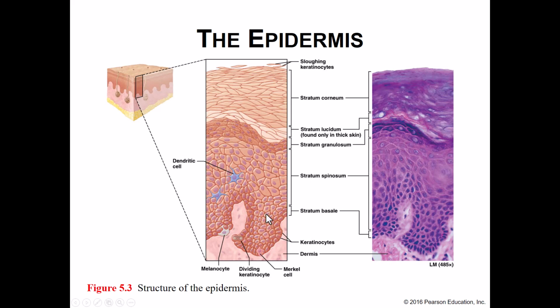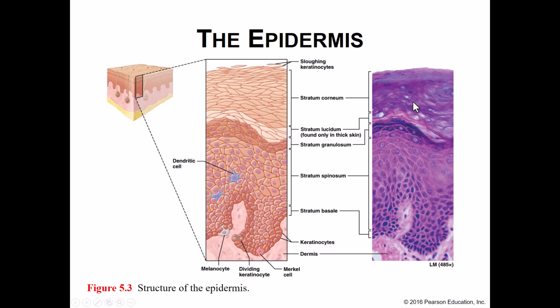You can see that as the cells move away from the stratum basale, they get, as I pointed out earlier, kind of fragmented. The nuclei start to degrade. You can look over here on the photomicrograph. Here are these dark blue spots. You can see how healthy these cells are with a strong staining nucleus.